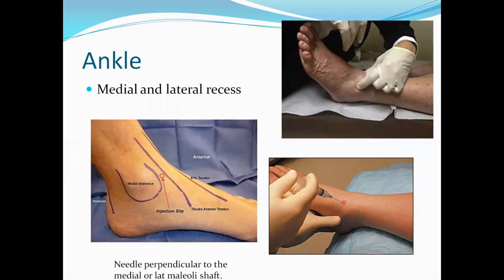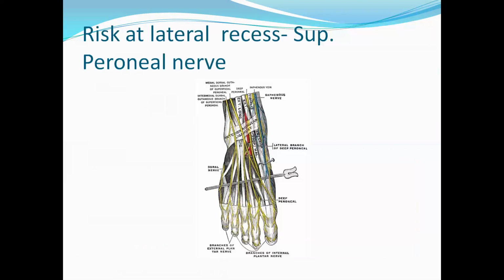Ask the patient to do resisted dorsiflexion, and you will see the extensor digitorum longus become more prominent. That is the medial boundary of the anterolateral portal, and the anterior margin of the lateral malleolus is the lateral boundary. In between these two is the site of entry.